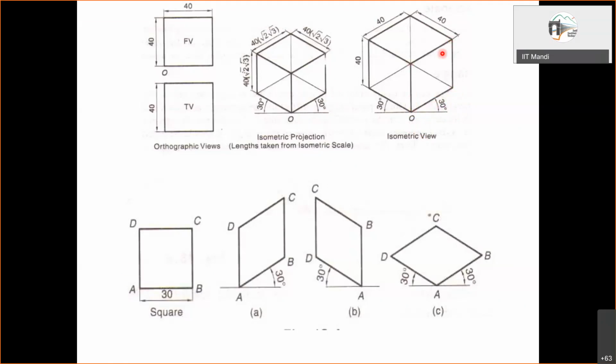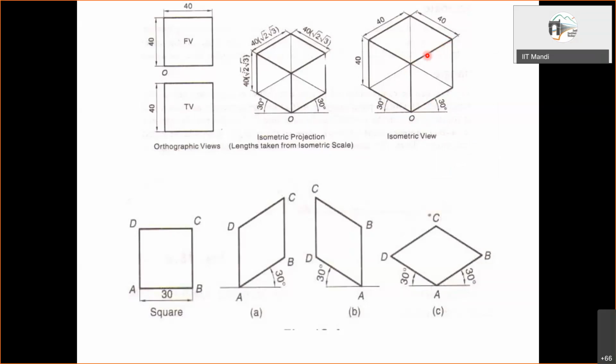Then what else we have discussed? We have discussed that these edges, like this one, or this one, or this one, all these actually are termed as the isometric lines.